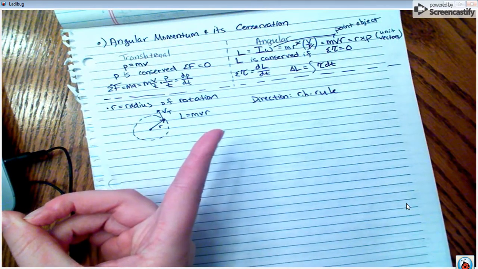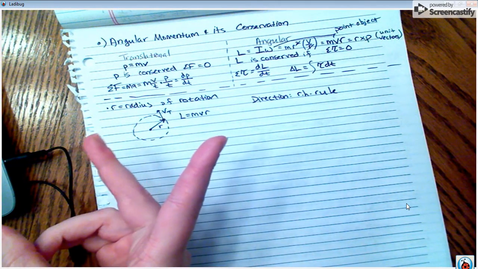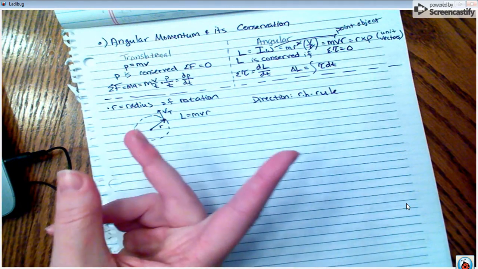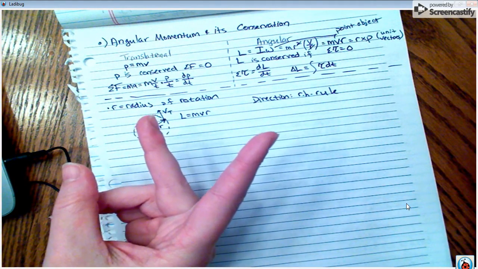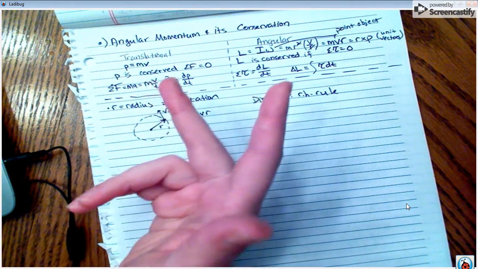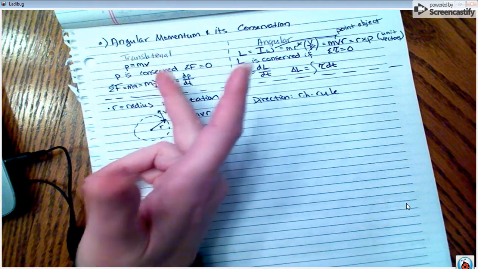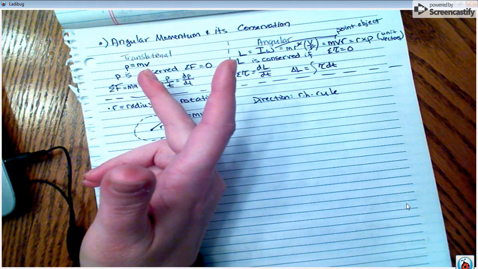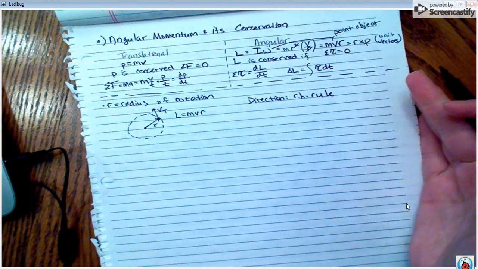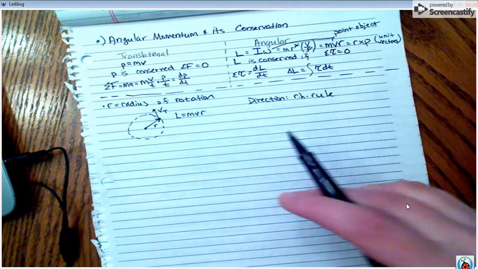Then line your bent middle finger in the direction of your velocity vector, and then stick your thumb out. That's the direction of our angular momentum. It's coming out of the page. So you can still use the right-hand rule for angular momentum.